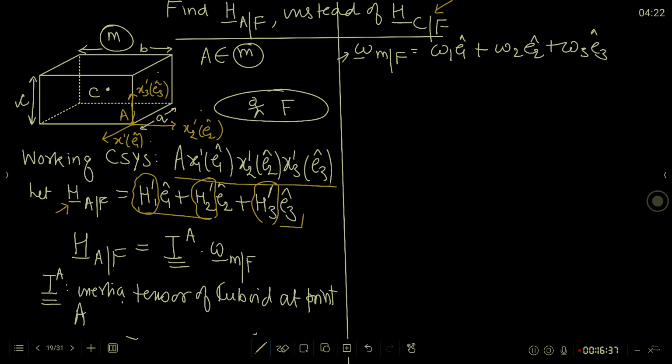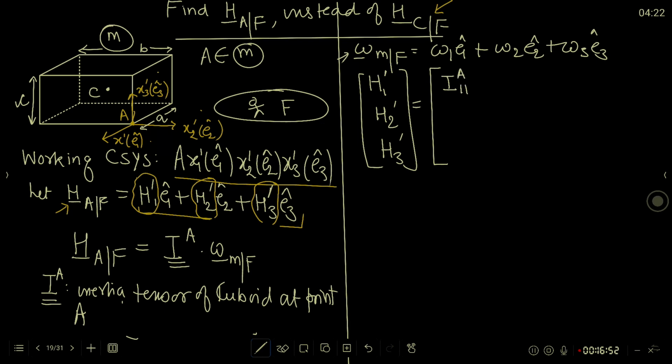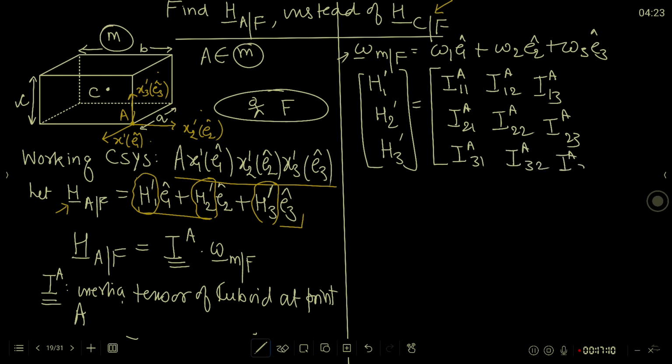And now if I write the matrix form of this equation, this would be as follows.